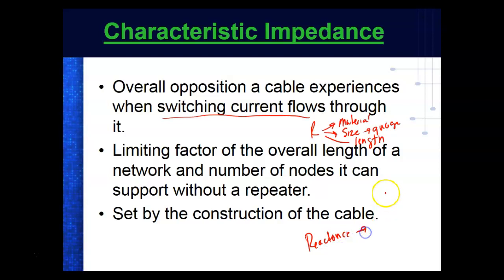Now this is opposition, so R is available. It's unique to DC and also AC, or switching currents. Reactance is something that happens only with switching currents, and the opposition actually varies with frequency.